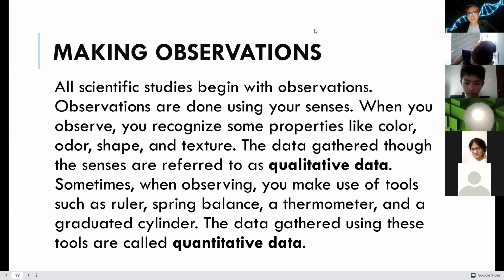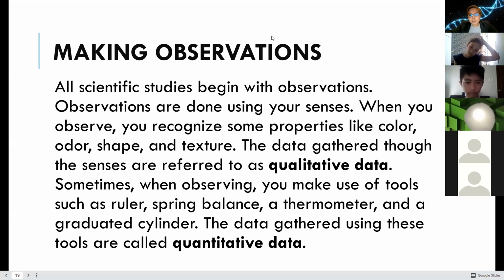All scientific studies begin with observations. Observations are done using your senses, your sense of touch, your sense of smell, all of your senses. When you observe, you recognize properties like color, odor, shape, and texture. Data gathered through the senses is referred to as qualitative data.